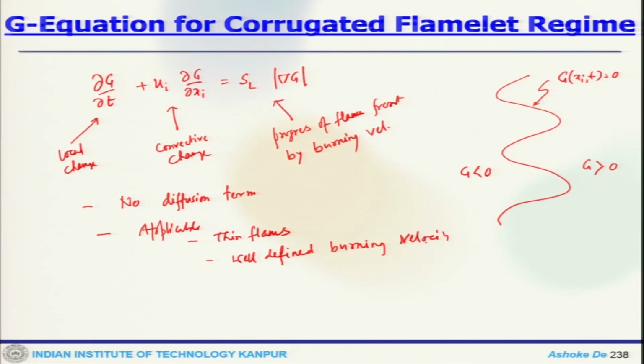And also it can be applied to corrugated flamelets, where your flame is L delta and eta is that. So, this particular zone also you can use it.